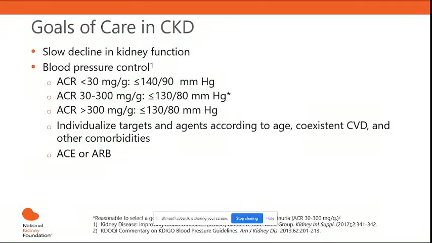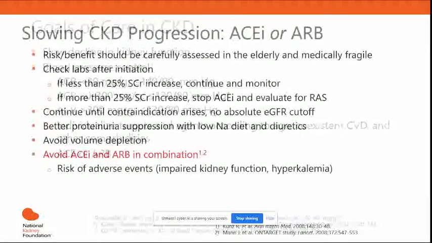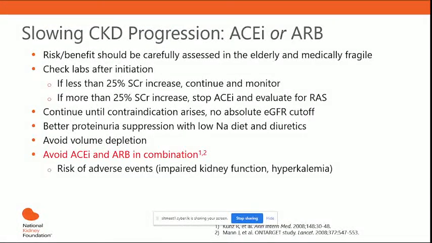Our first choice is either an ACE inhibitor or an angiotensin receptor blocker, because these agents not only control blood pressure, they also reduce the albuminuria more than what you would expect from the blood pressure control alone. But one word of caution when using an ACE inhibitor or ARB in elderly and medically fragile patients, because they can have undiagnosed renovascular disease as a cause of their CKD.